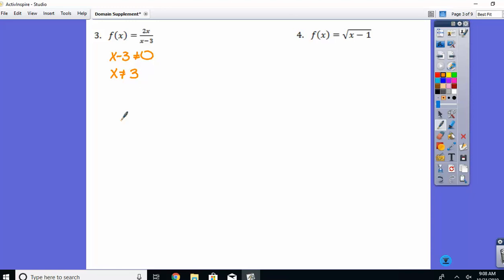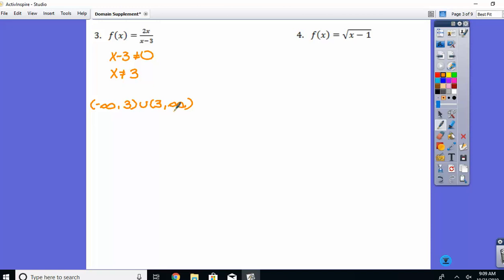Okay, if I want interval notation, this is saying x can be anything except 3. So we would write negative infinity to 3 with the parenthesis, union 3, comma, infinity. Is that one right? All right.